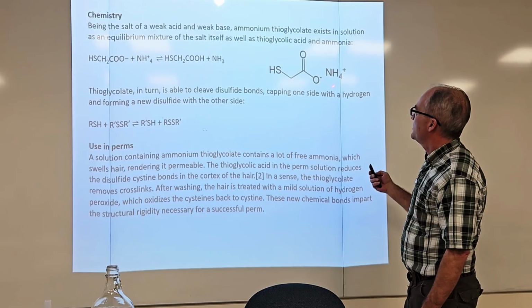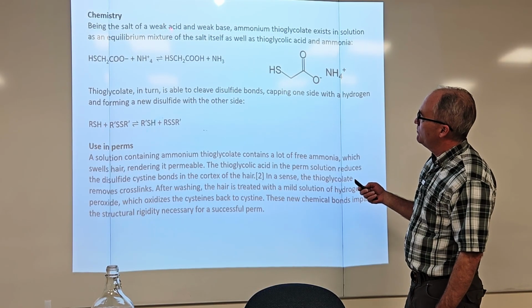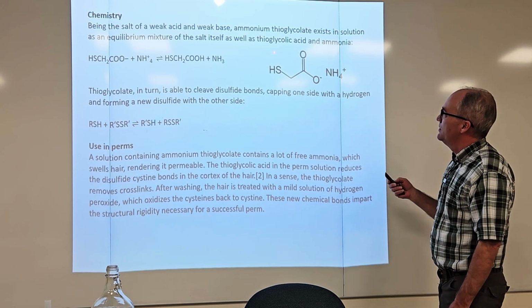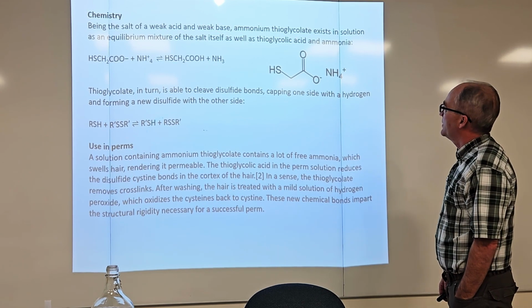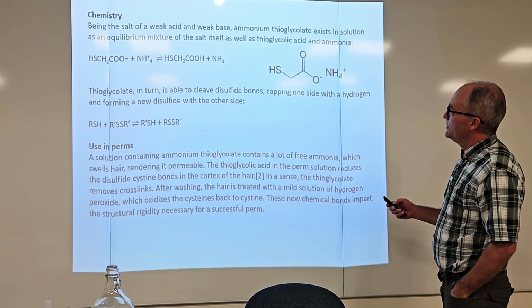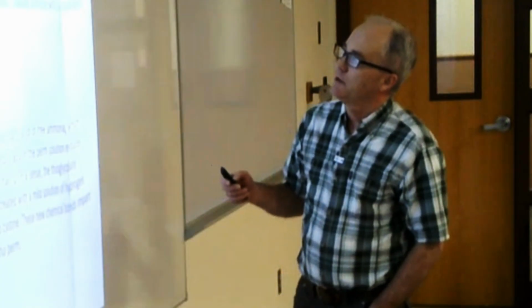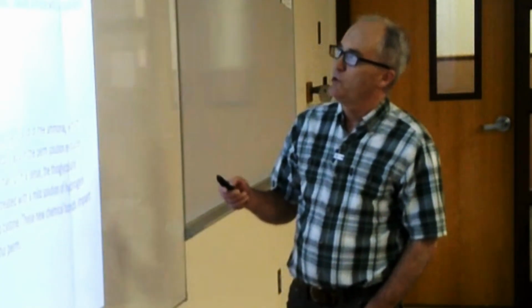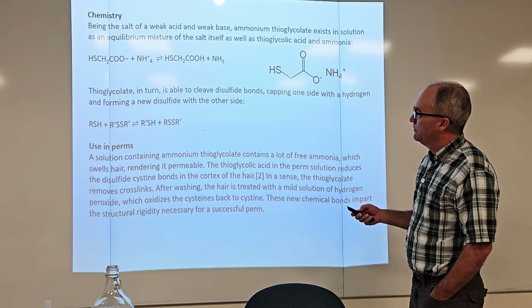There's other things. And so this thing here, it says, being the salt of a weak acid and weak base, ammonium thioglycolate exists in solution as an equilibrium mixture of the salt itself as well as thioglycolic acid and ammonia. So there's the acid and ammonia, there's the ammonium salt.